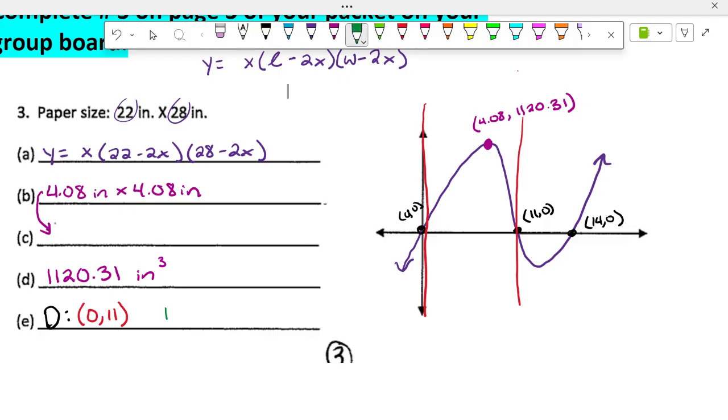Now the range. Where's our range? So range is the actual volume. So where is it? What's the lowest volume that we can have? 0. So it has to start down here. Where does it stop?